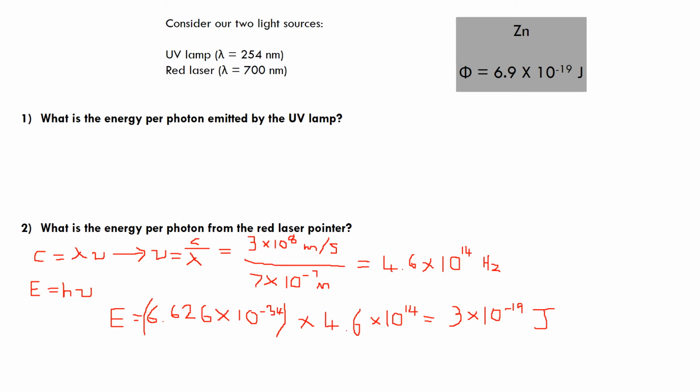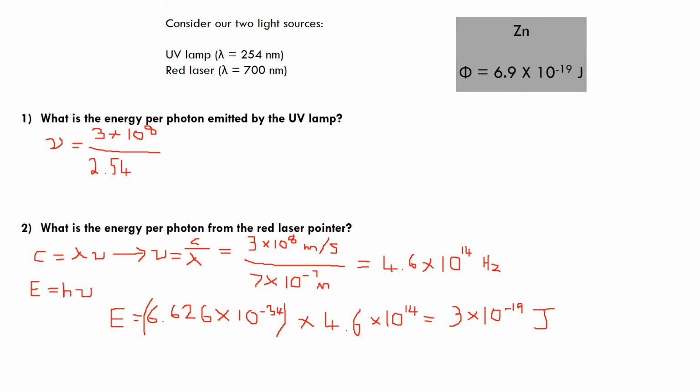Let's now calculate the value for the UV lamp. So again, let's first calculate the frequency now. So now the frequency is equal to, again, the speed of light divided by the wavelength. In that case, that's 3 times 10 to the 8, so speed of light being a constant, divided by the wavelength of my UV lamp, which is 254 nanometers, which is going to be 2.54 times 10 to the minus 7 meters.